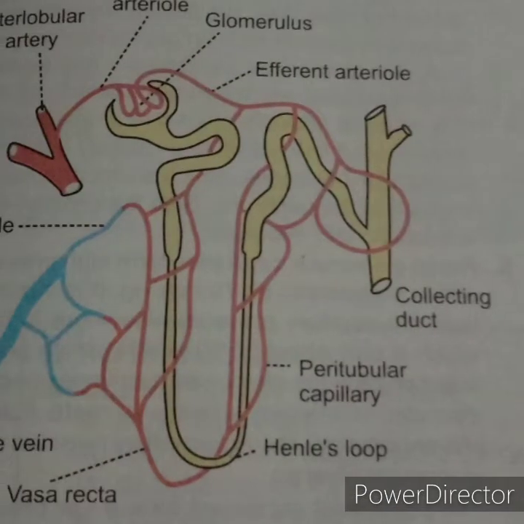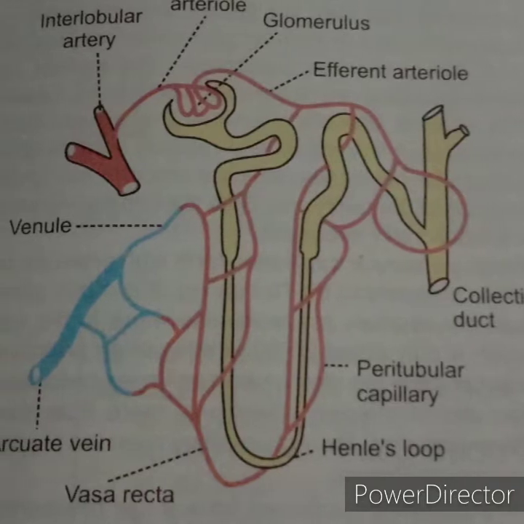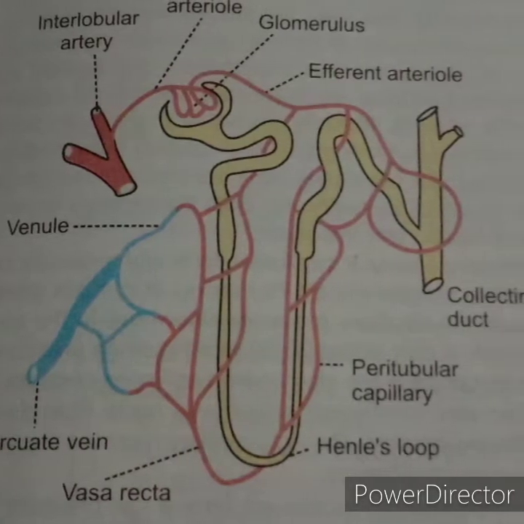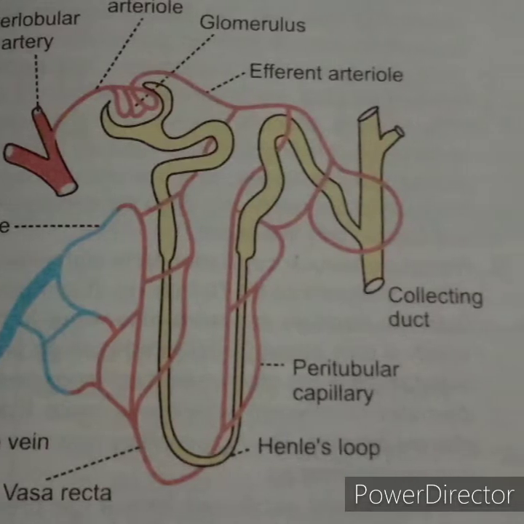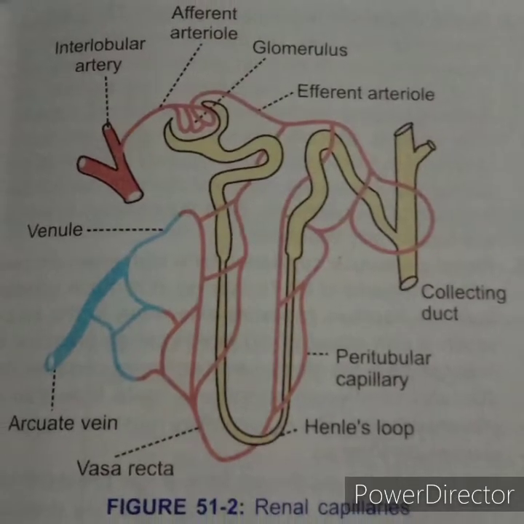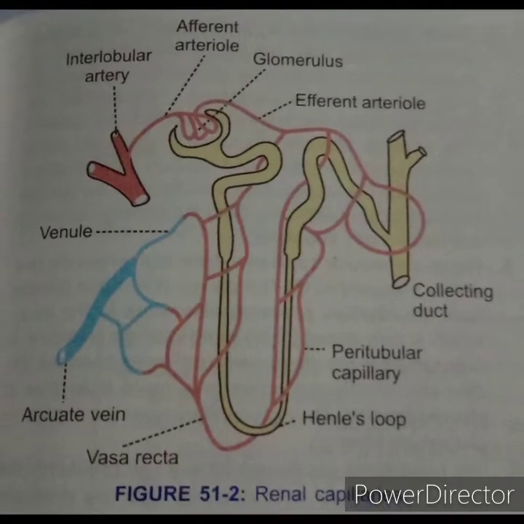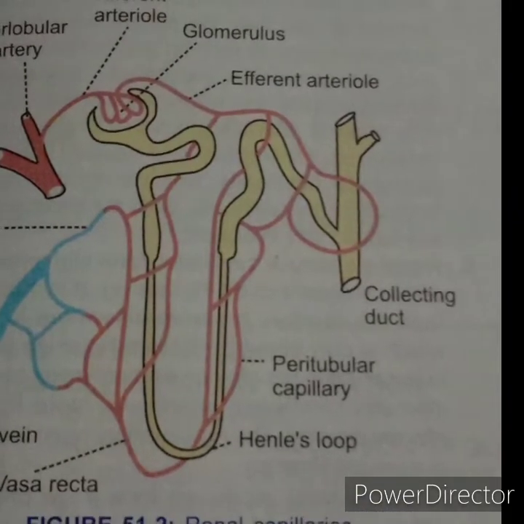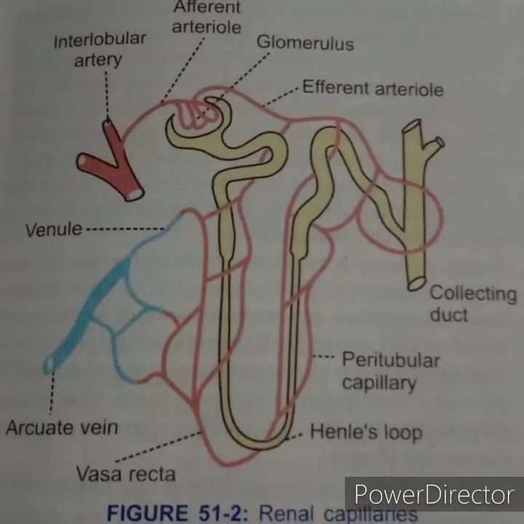Third, the whole amount of blood which flows to kidney has to pass through the glomerular capillaries before entering the venous system. Because of this, the blood is completely filtered at the renal glomeruli. Fourth, renal circulation has a portal system, that is a double network of capillaries.